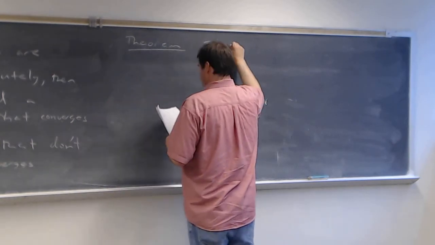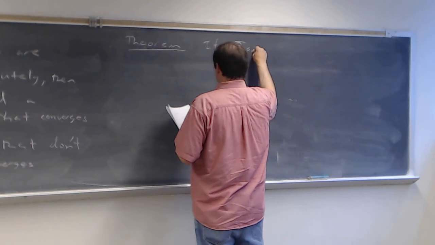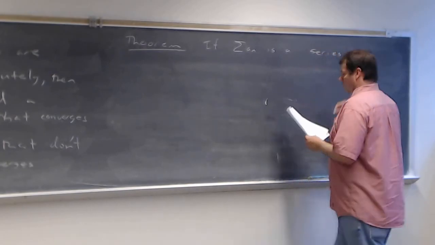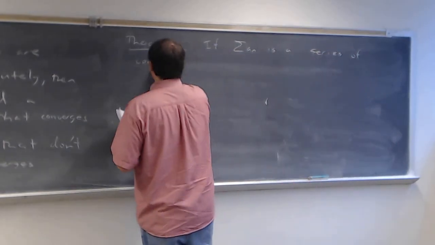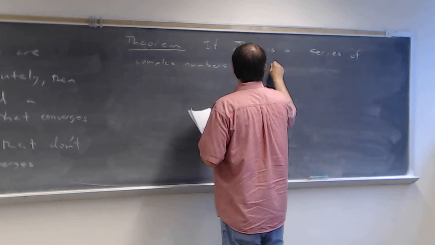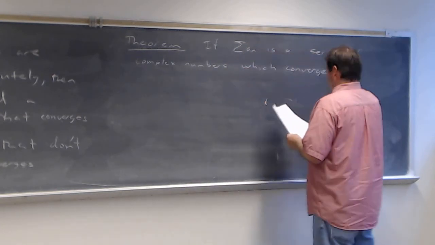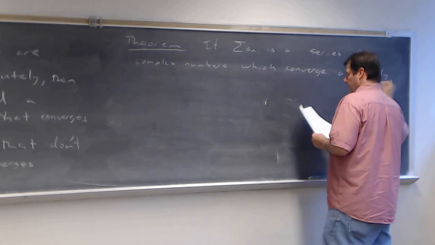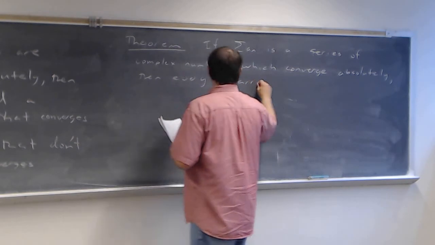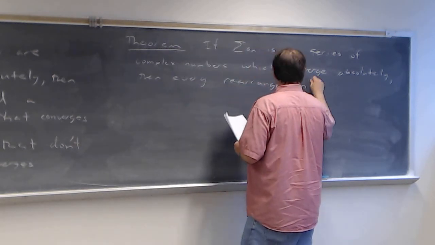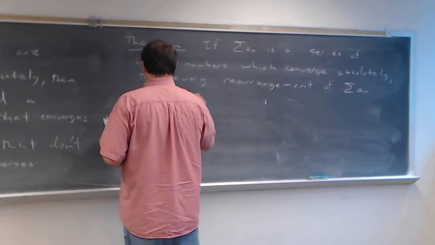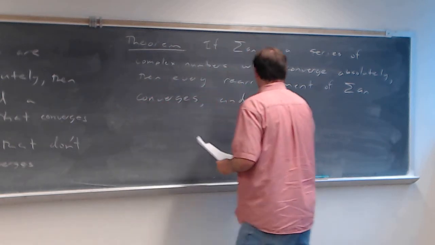It says if this series a sub n is a series of complex numbers which converge absolutely, then every rearrangement of this series converges, and they all converge to the same sum.